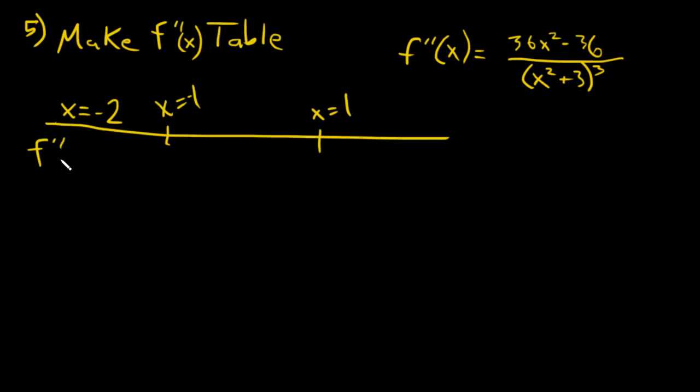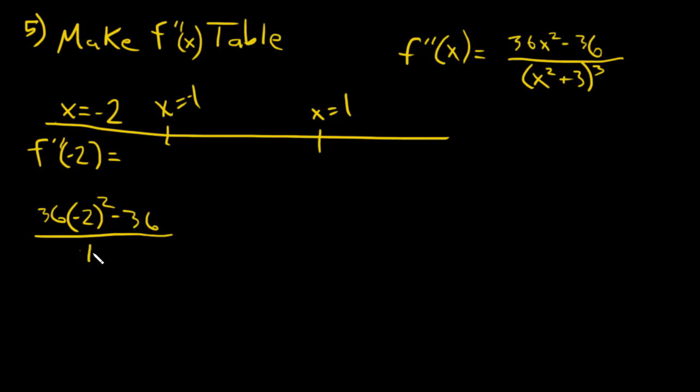f double prime of negative 2 equals, well, what am I going to get? If I plugged negative 2 in, I would get 36 times negative 2 squared minus 36, over x squared plus 3, which is always positive, cubed, which is going to be positive.